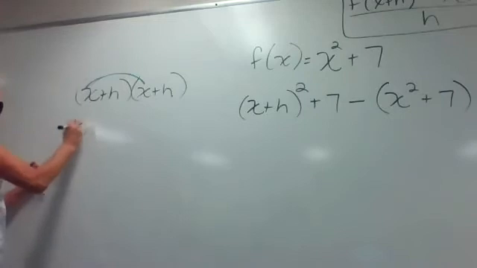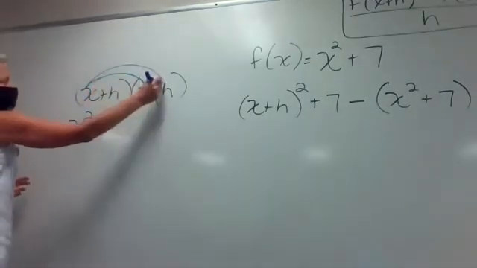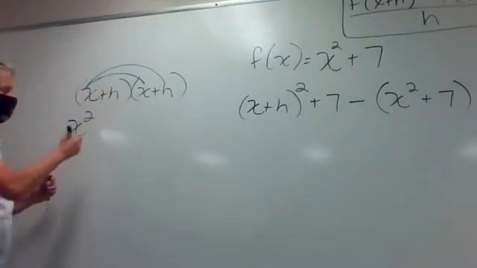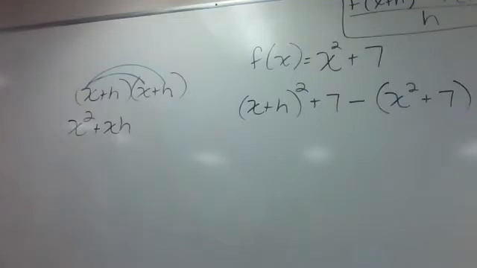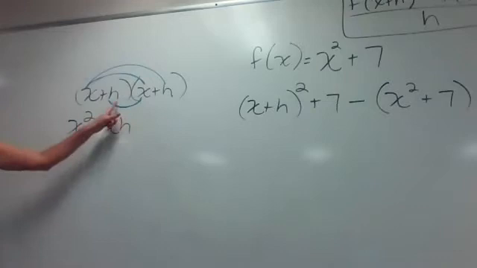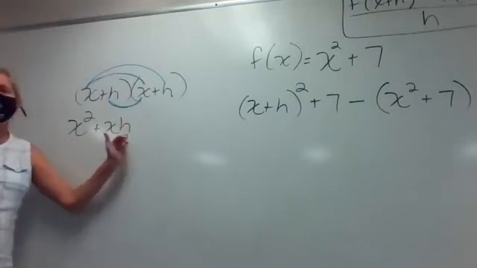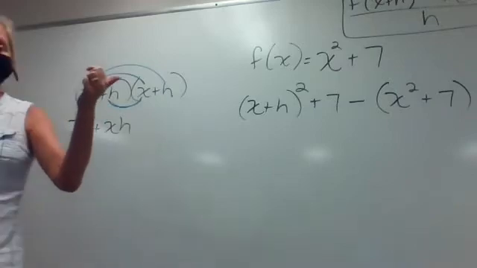X times x gives me x squared. My outer x times h, just xh. My inner h times x is hx, but then I noticed that this is the same thing with just the letters flip-flop, so they are like terms.